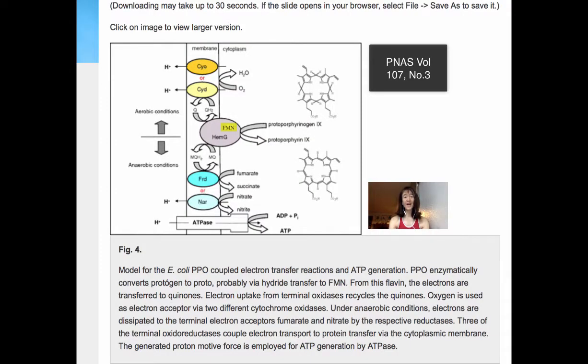Good morning. It's very early in the morning for me, so please excuse the sleep in my voice. We're looking here at another great online publication of the Proceedings of the National Academy of Science, or PNAS as we call it. And I really like this particular image because what it shows is the diversity of E. coli's capabilities metabolically.